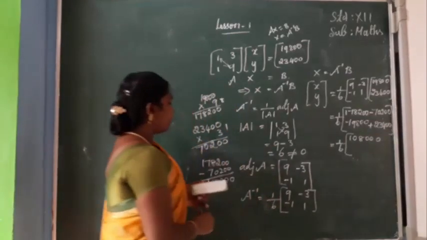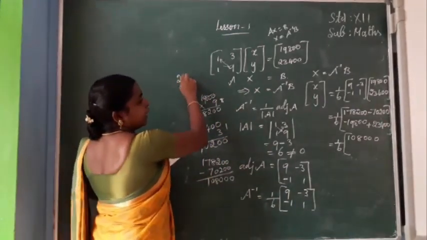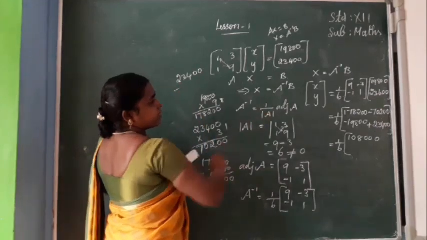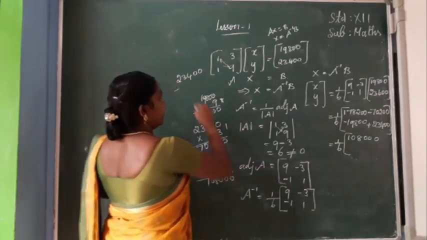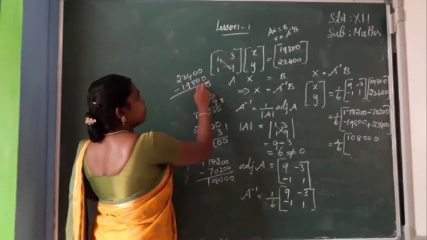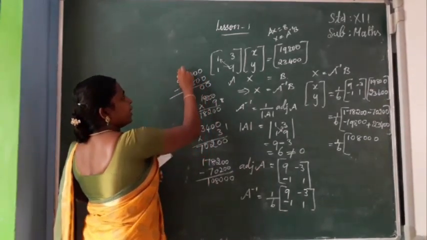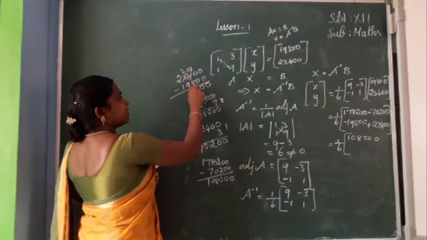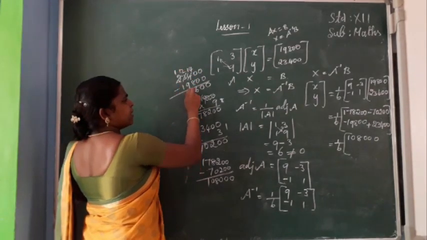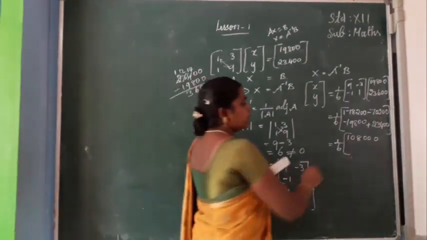Here also you have to subtract the same: 23,400 minus 19,800. Subtract 0, 0, next 4 we cannot, so borrow. 14 minus 8 is 6, next 12 minus 9 is 3, so 3,600.